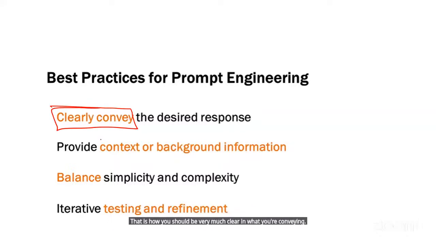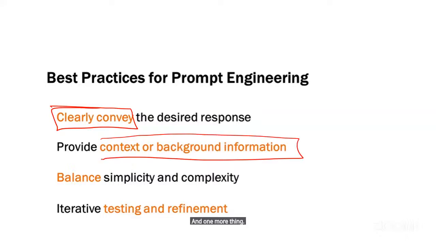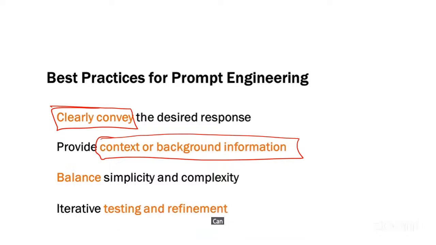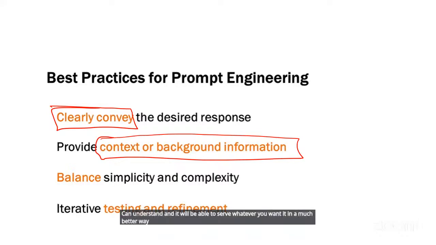And one more thing, you always need to focus on giving some context or background information. This will help your LLM, like ChatGPT, get additional information about what you are expecting, so that it can understand and serve your request in a better manner, and at the end of the day you can all benefit from it.